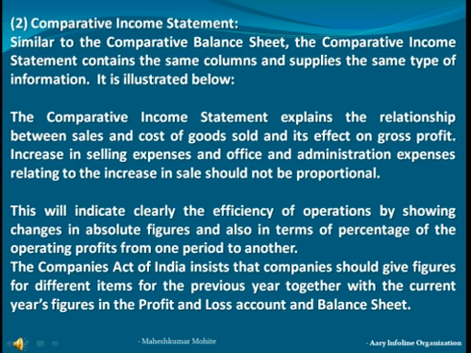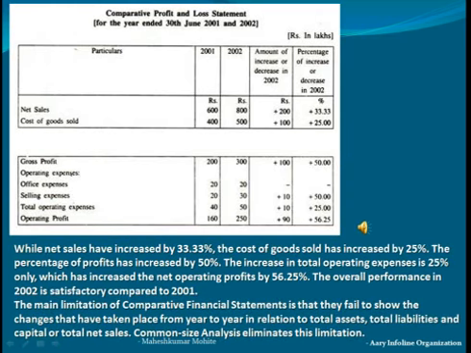The Companies Act of India insists that companies should give figures for different items for the previous year together with the current year's figures in the profit and loss account and balance sheet. While net sales have increased by 33.33%, the cost of goods sold has increased by 25%.